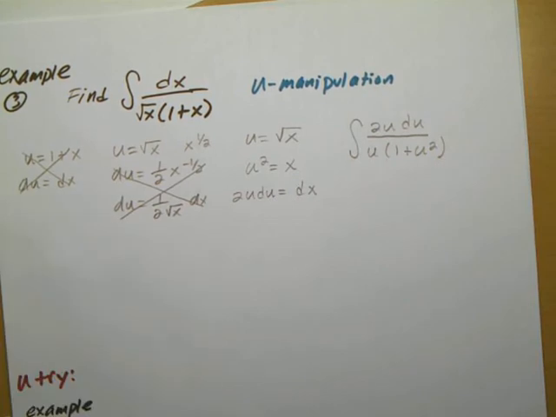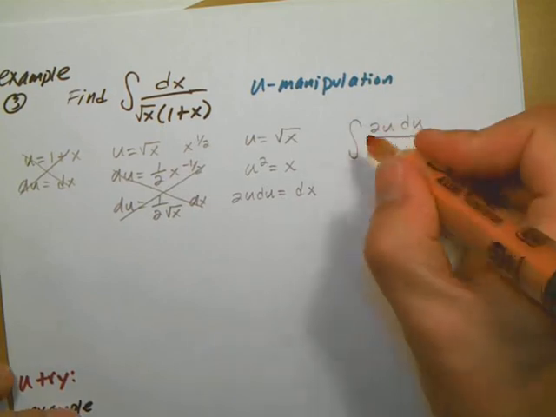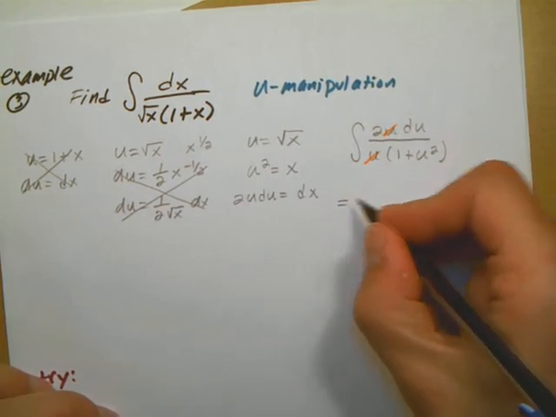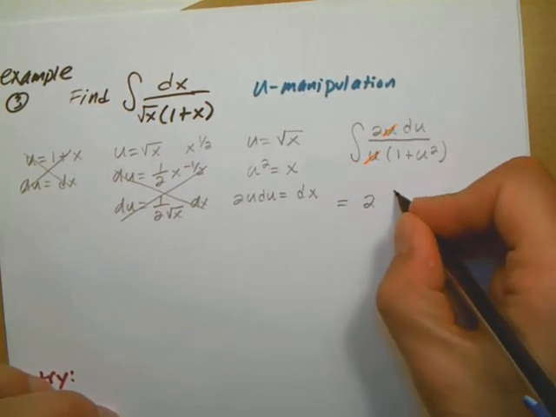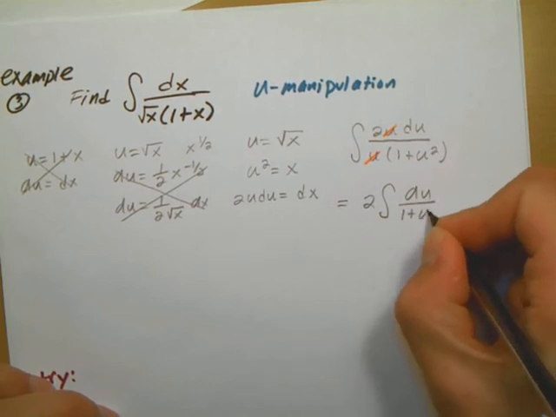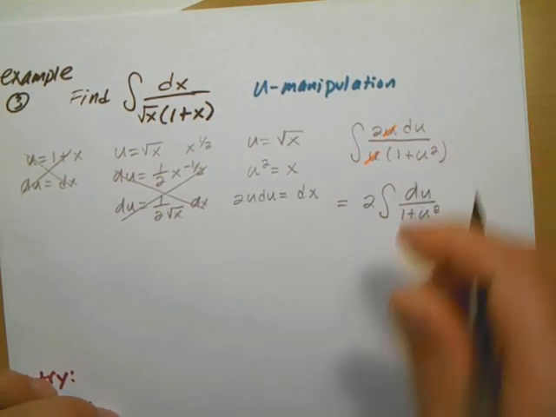Right? So notice I have a u and a u in the numerator and the denominator, so that reduces out. This 2 is just a constant, so I can factor that out. So it's going to be a 2 factored out with du, and it's 1 plus u squared.